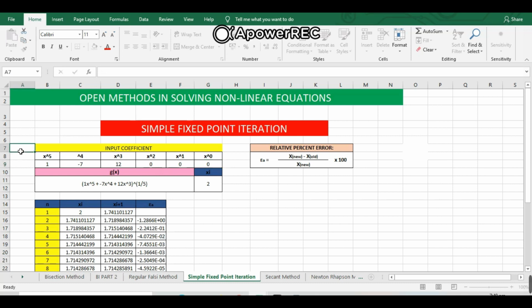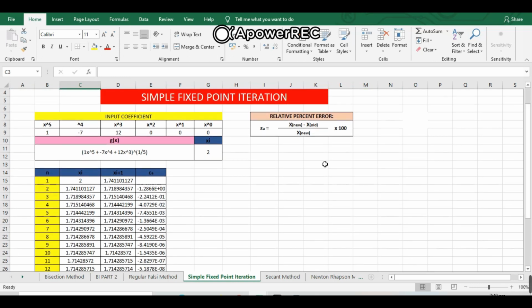But when we use the equation x raised to 5 minus 7x raised to 4 plus x raised to 3, the equation will not be error. Hence, this equation is also a 5th-degree polynomial equation. So, g(x) will be x raised to 5 plus negative 7x raised to 4 plus 12x cubed times 1/5.